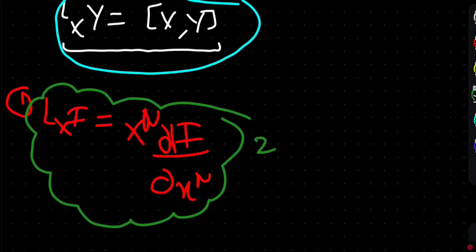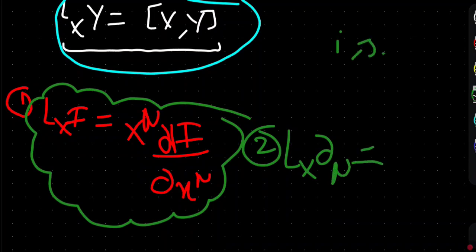Now move to the second result, which is what will happen if the Lie derivative acts on a coordinate basis. One of the bases that we encounter in physics is i cap, j cap and k cap, but in manifolds we have to generalize this, and we denote it with del mu. You will study this in topology, especially when you discuss tangent vectors.